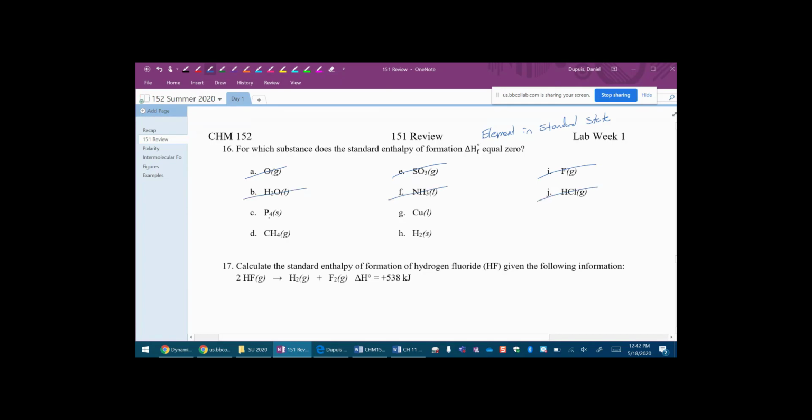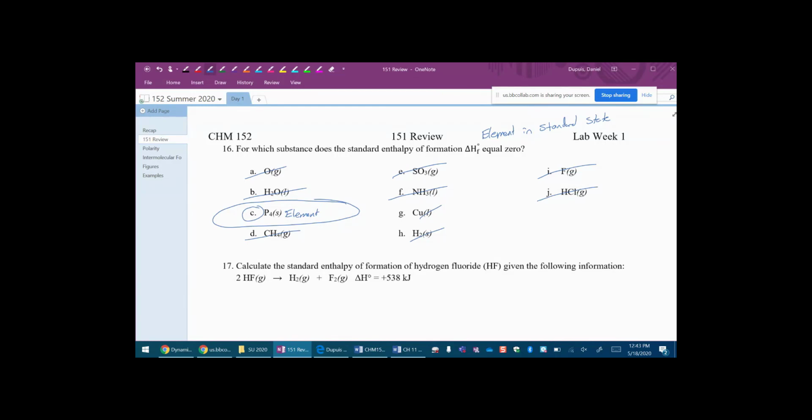HCl is a compound. Phosphorus is an element. Probably. Copper is an element, but copper is not liquid. H2 is not a solid at room temperature, and methane is a compound, so it is P4. And phosphorus does come in P4. That's elemental phosphorus is P4.